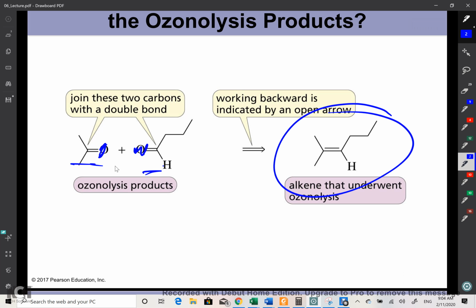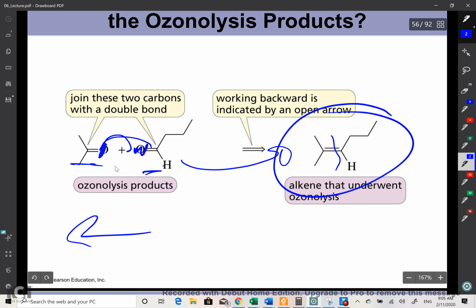So this is basically the reverse of what we did in ozonolysis, and here we are representing that with a double backward arrow. This is called retrosynthesis. So you're thinking backward, because if you break this, it gives you this, and if you combine this, it gives you that. Does that make sense?